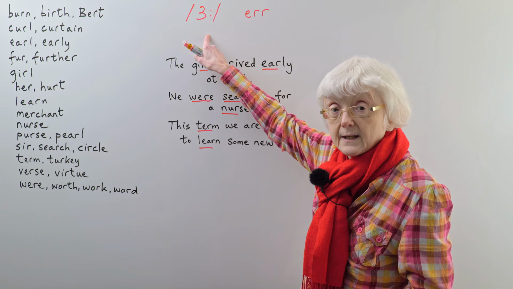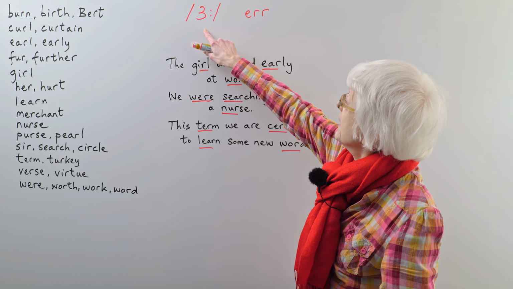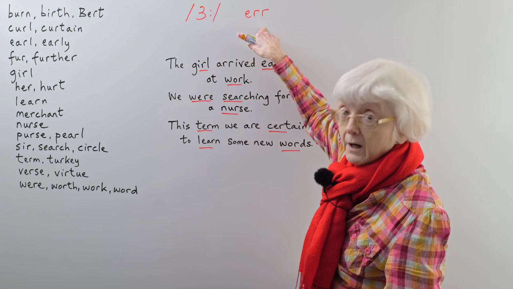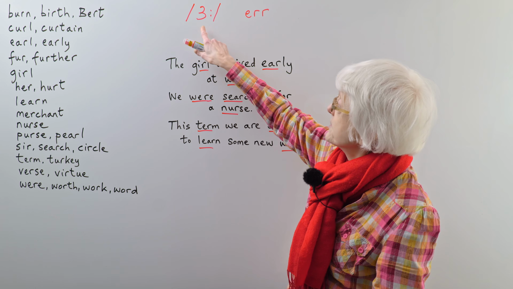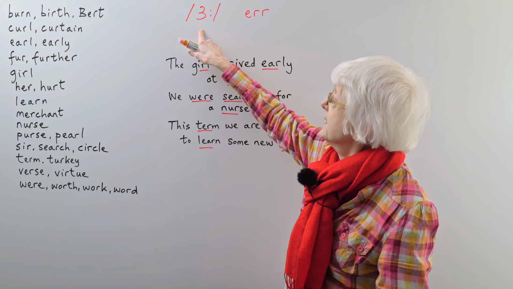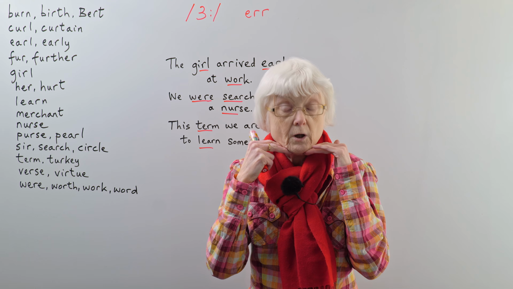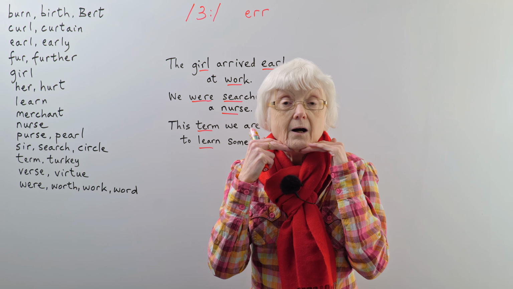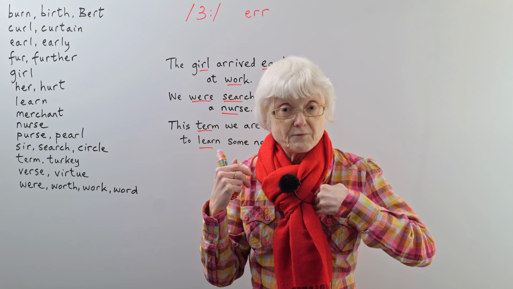And this is the phonetic symbol for it. This is my spelling of it, E-R-R, although the R is not pronounced. So this is the IPA symbol, phonetic alphabet symbol. And to make the sound, you just have to relax your jaw, let it drop. It's quite a deep, chesty kind of voice.